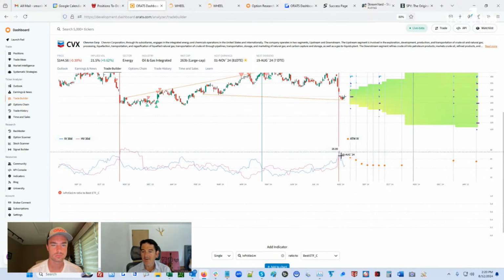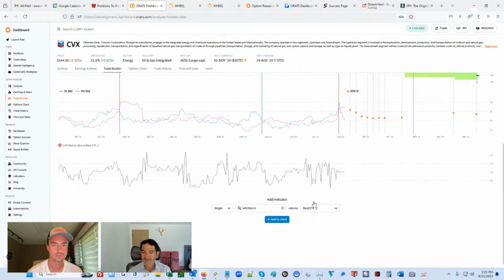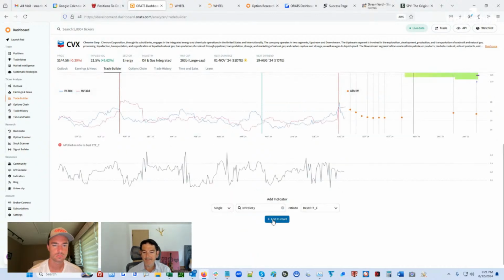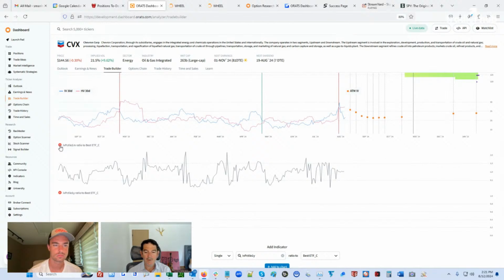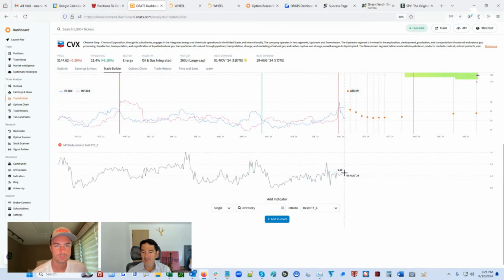So look at how the volatility spiked and it has come down. So the percentile, this is the ratio. Oh, let's do the. So that's 1.22.